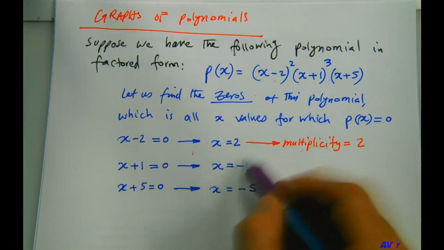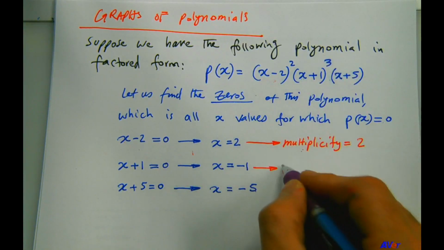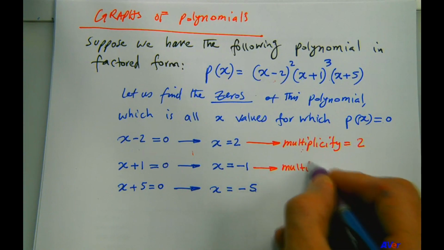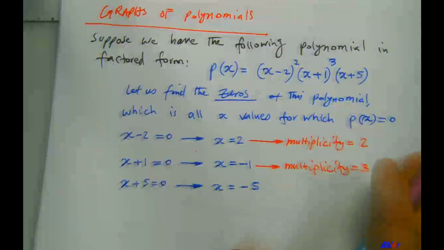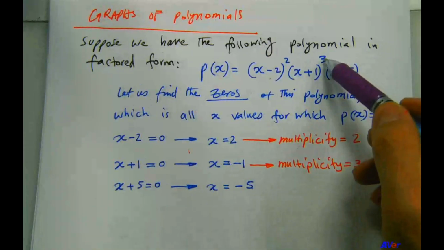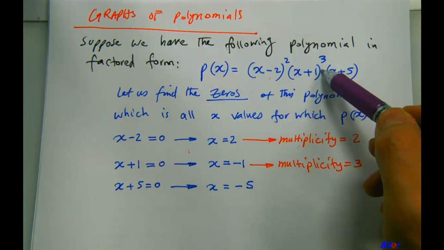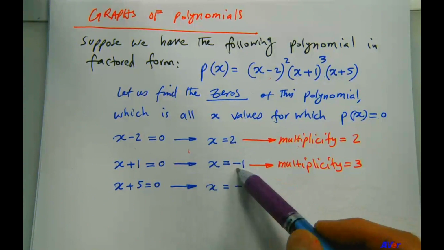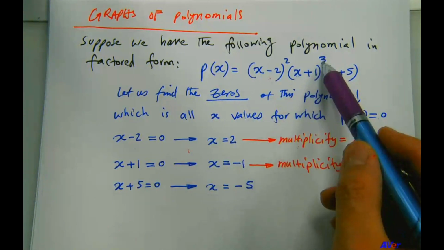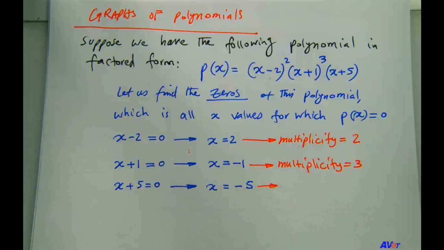This one, this zero, has multiplicity 3. Right? Because that's the power of the factor from which the zero of the polynomial came from. It has a power 3. And what about minus 5? What is the multiplicity of minus 5?